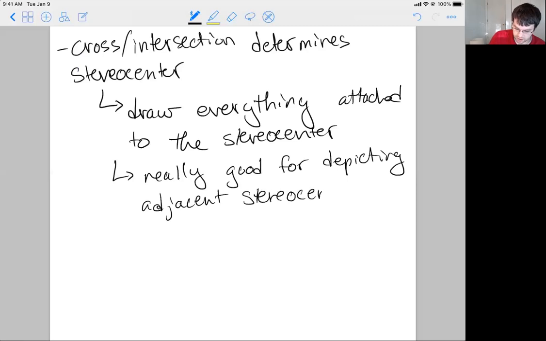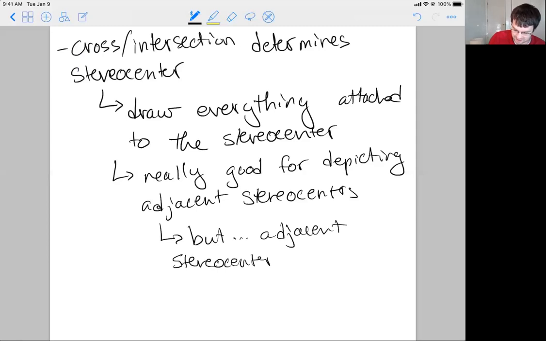Now, here's the kicker. That's its purpose. Its purpose is to show adjacent stereocenters. But adjacent stereocenters work very poorly with bow tie structures. They are awful with bow tie structures.